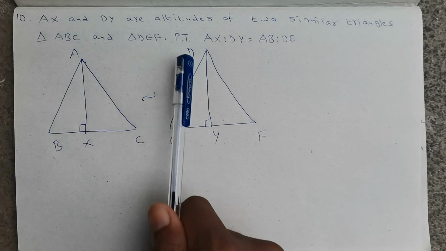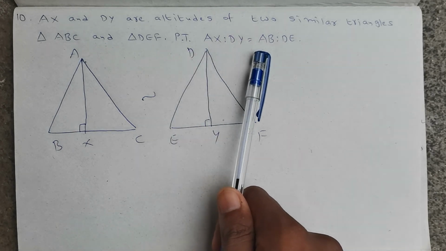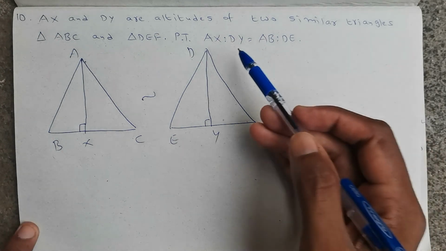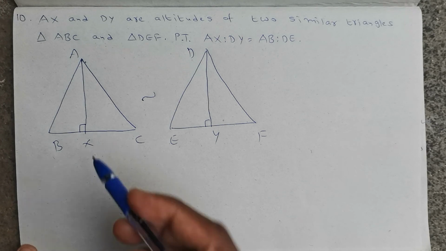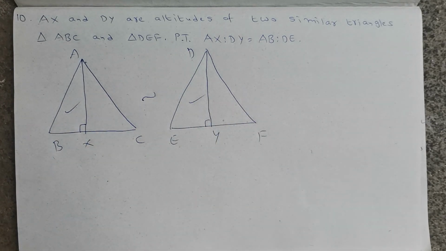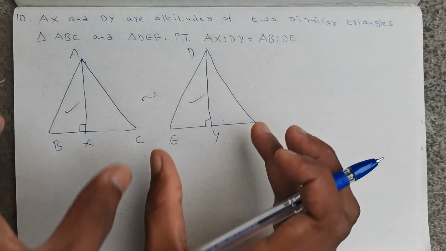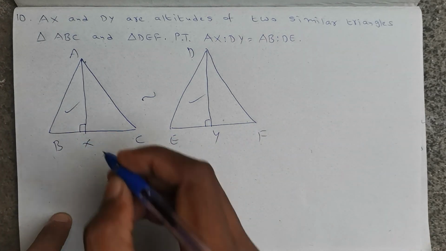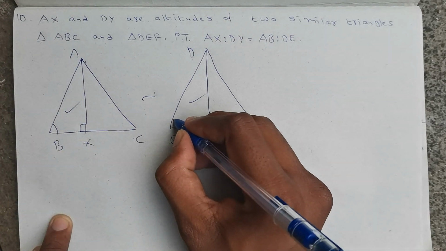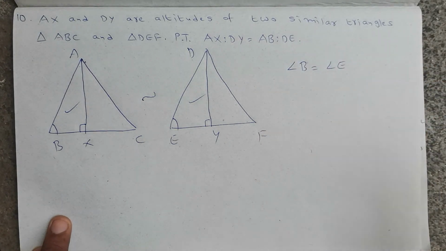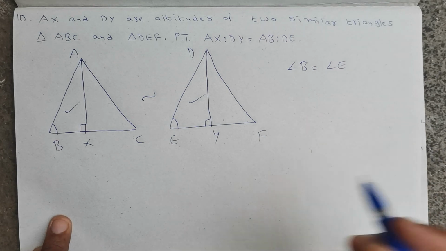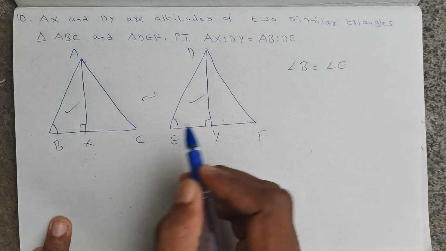Then he is asking to prove AX is to DY is equal to AB is to DE. AX this line, DY this line, AB, DE, left side. So it means this left side triangle and this left side triangle, we need to show that those two triangles are similar to each other. He clearly mentioned that these two bigger triangles are similar, so angle B is equal to angle E. Then this is altitude, so it is 90 degrees.